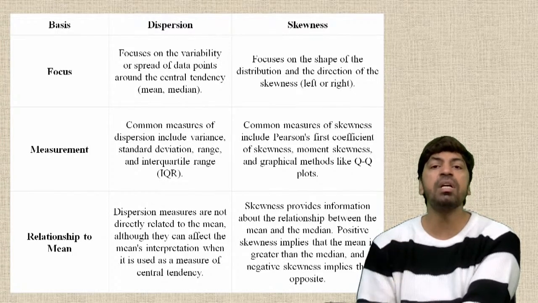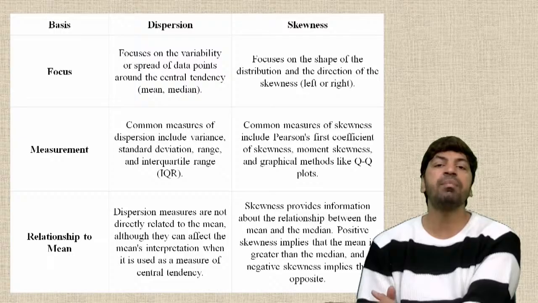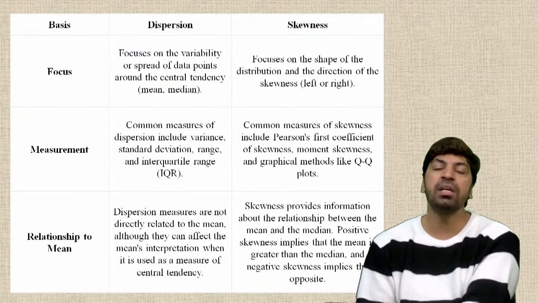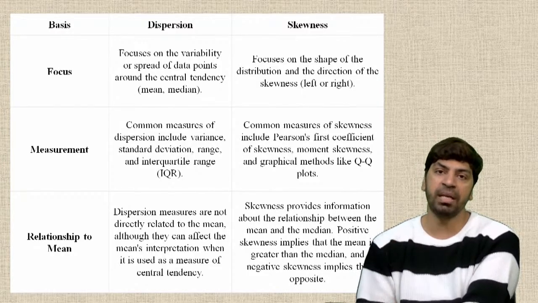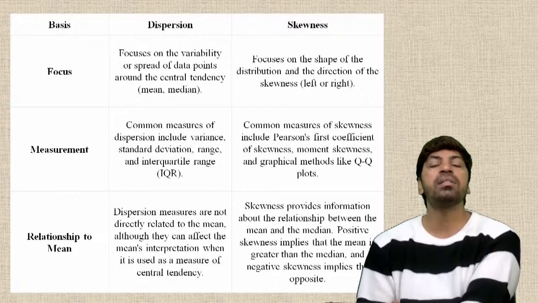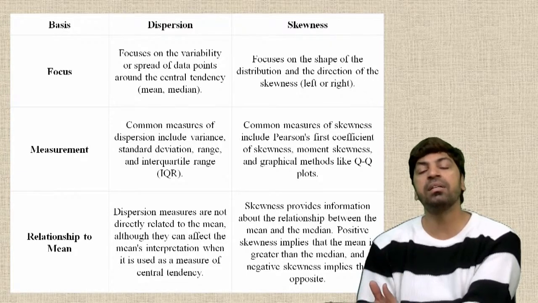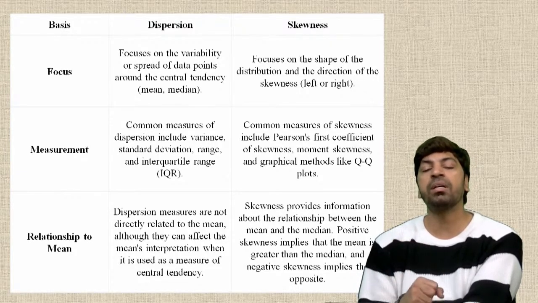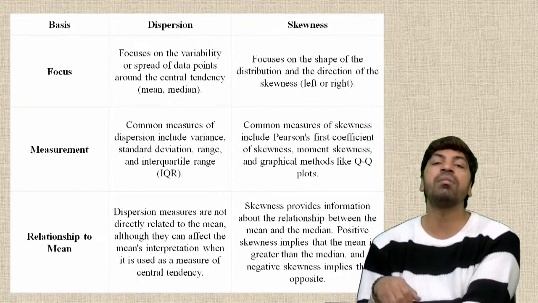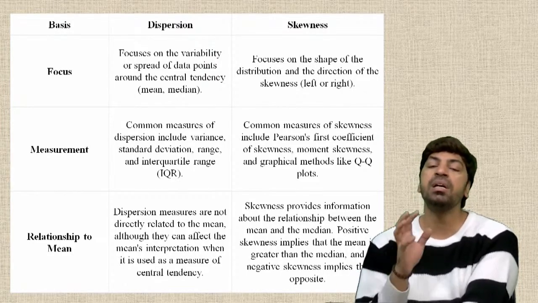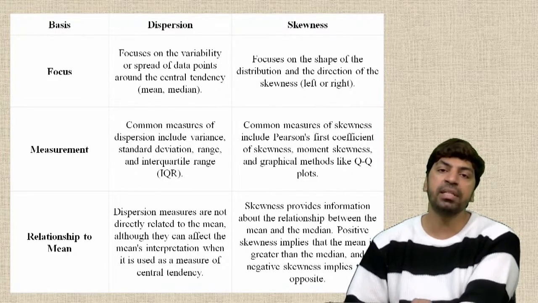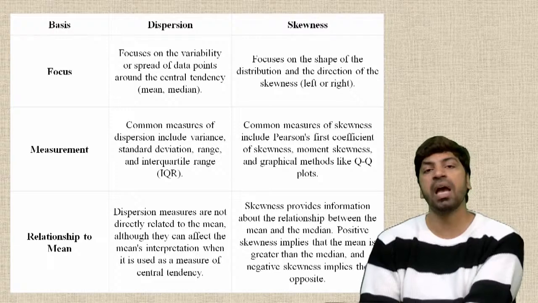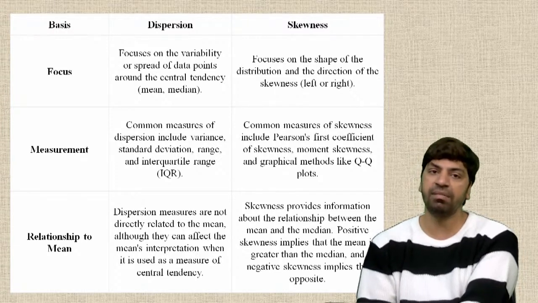So positive skewness implies the mean is greater than the median, or negative skewness when the mean is less than the median, and that is why skewness reflects the shape, the direction and the magnitude of the skewness based on the measures of central tendency like mean, median, and mode and standard deviation.